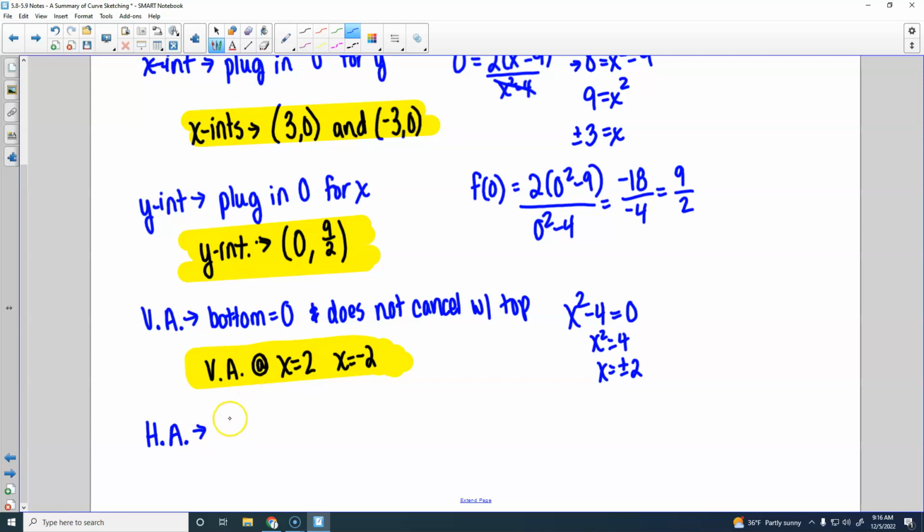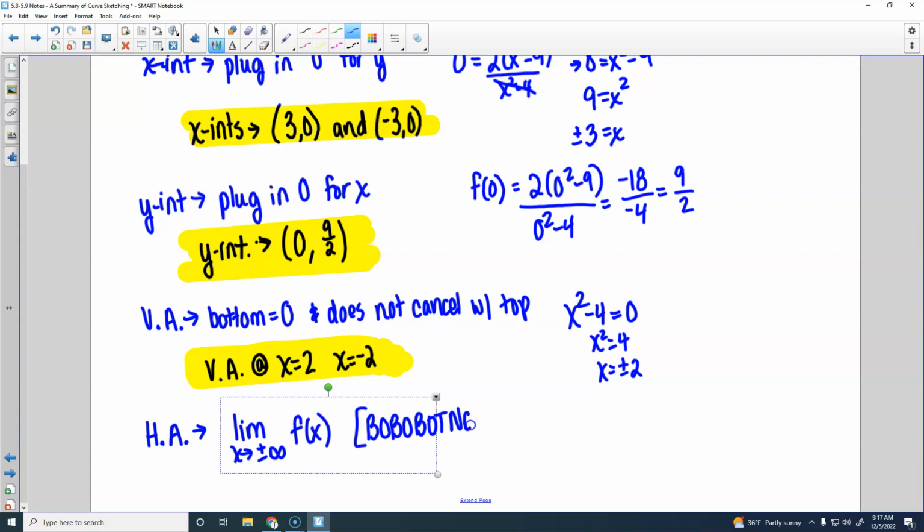So you're going to do the limit as x approaches positive or negative infinity of f of x. And to do that, you can usually use BOBO-BOTN. But if it's free response, you need to use limit notation for that, or they won't give you full credit.